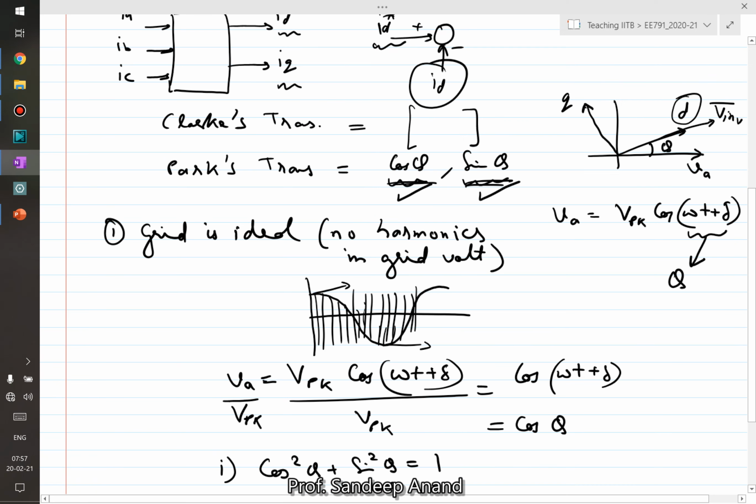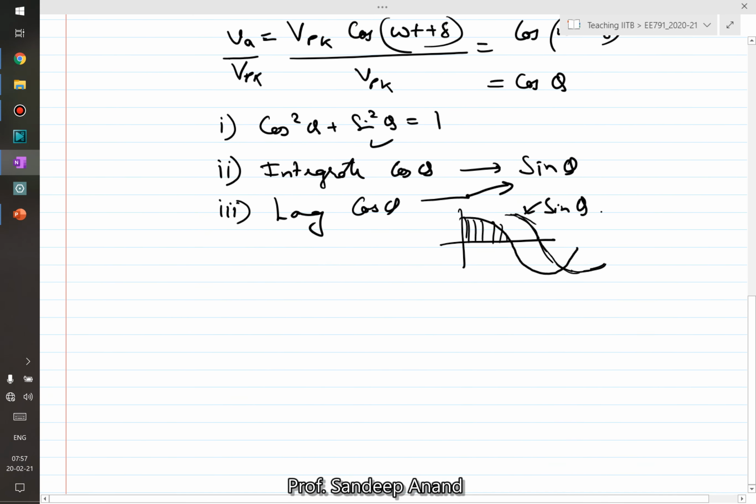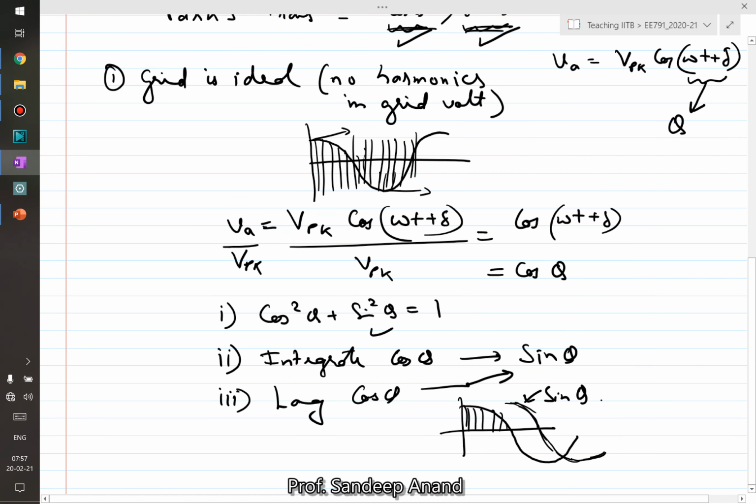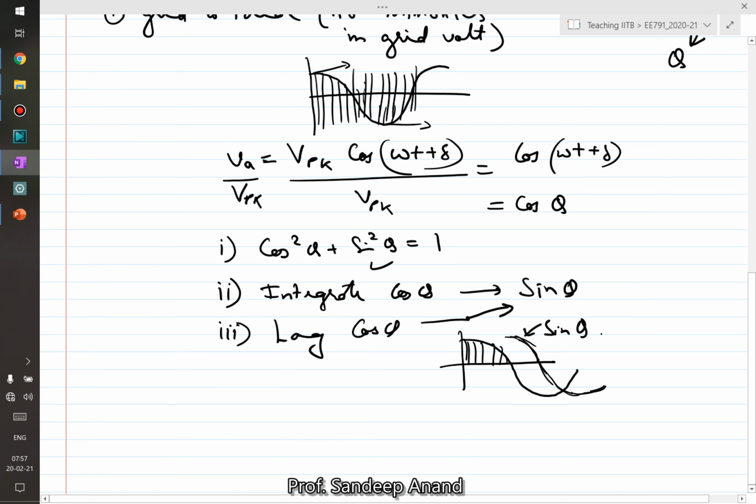So this is fine. The only challenge comes in when the grid has harmonics, right? That is mainly the problem. So for example, in this scenario, what will happen if the grid has harmonics?